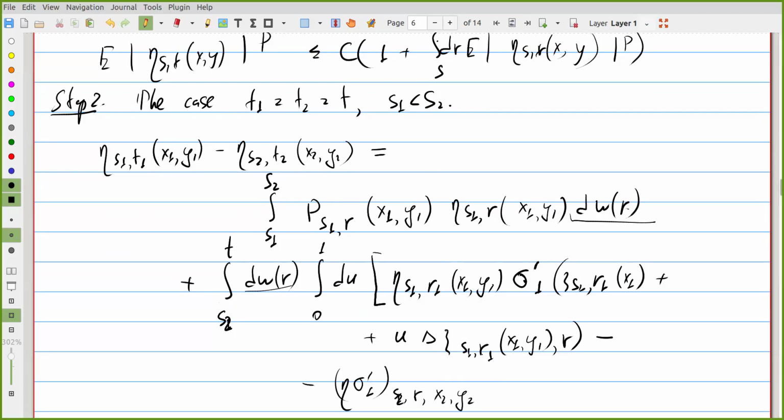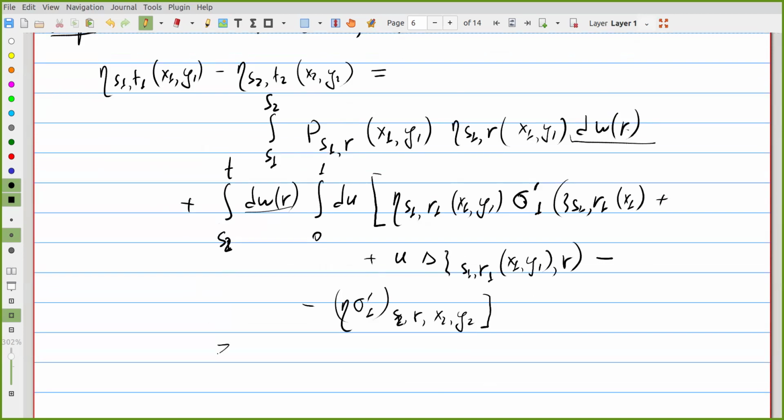So the same expression, but the subscript changes from 1 to 2. This is the difference. And again, this is I1 plus I2.